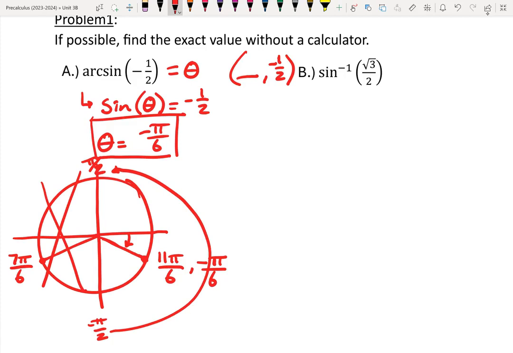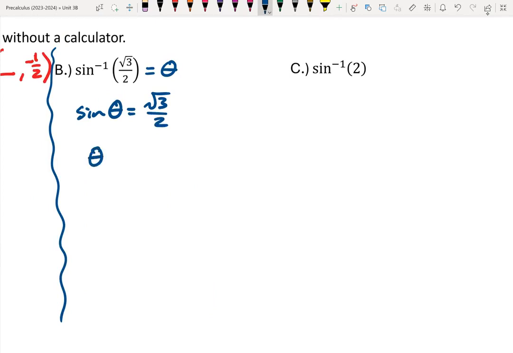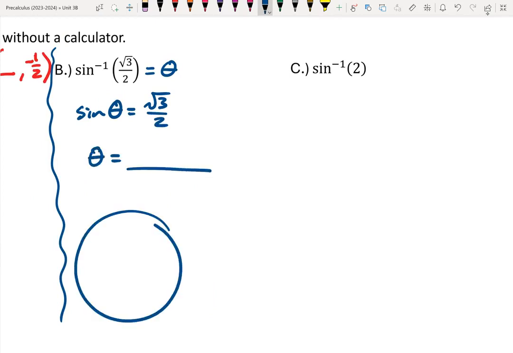All right, with that in mind, I want you to go ahead and look at B. All right, that should be good for this problem. Again, here we are looking for an angle. So sine of what angle is equal to root 3 over 2? Where does that happen? Again, for sine, we can ignore quadrants 2 and 3. So within quadrants 1 and 4, where does positive root 3 over 2 happen? What angle?